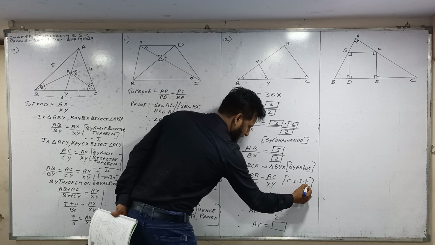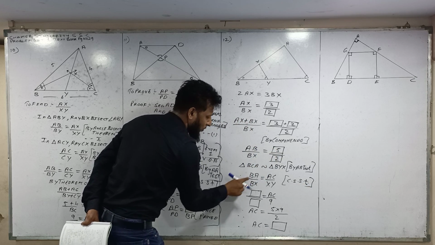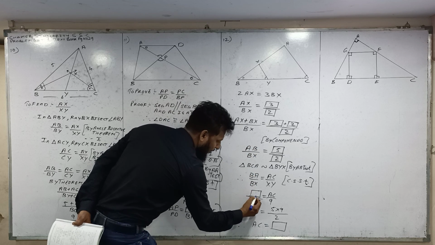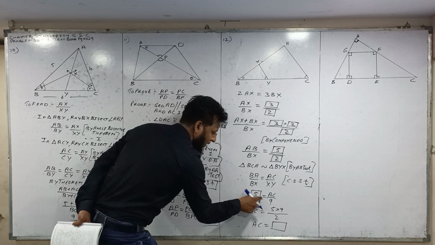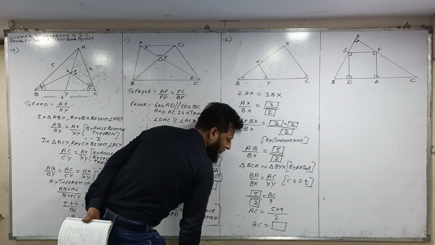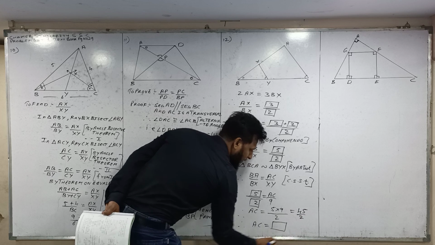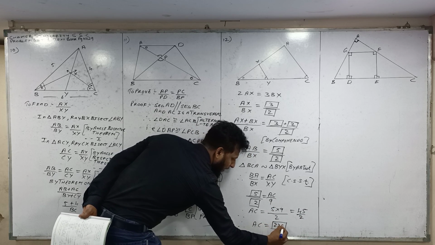Then next, what is the value of AB upon BX? 5 upon 2. BA or AB, same segment, AB upon BX is 5 upon 2, write 5 and 2. So cross multiply, 9 will multiply by 5 and 2 will go in divide. 5 nines are 45 upon 2, then divide 45 upon 2, AC is 22.5.